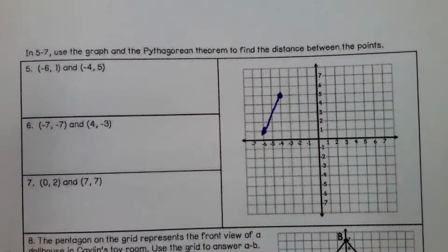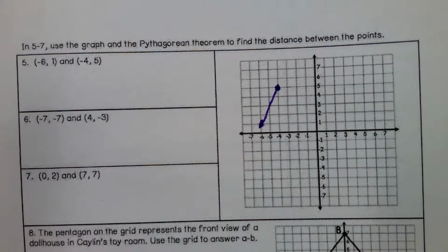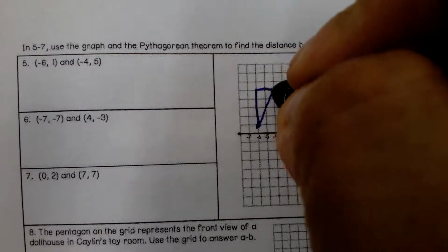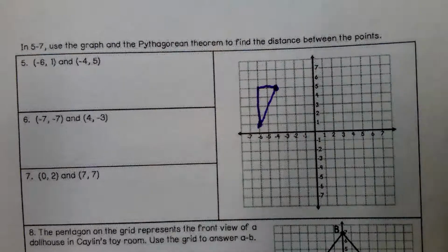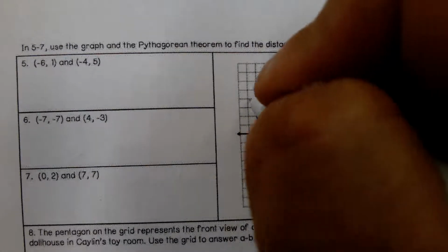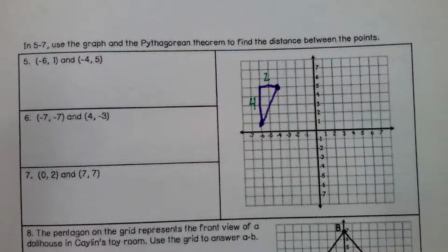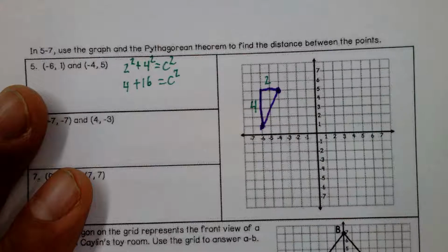We want this distance here. It should be a pretty small number. So 2 and 4. So we got 20.